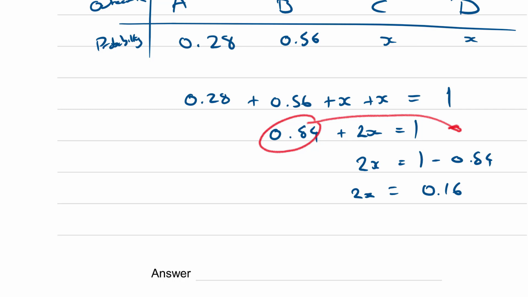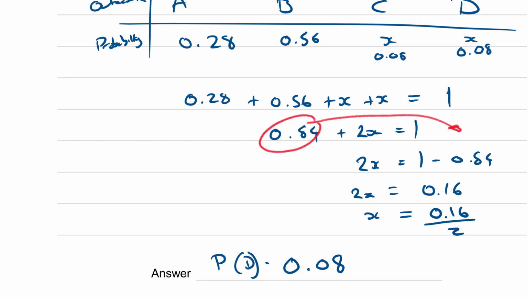So 2X is 0.16, and then X is 0.16 divided by 2, which is 0.08. That is going to be my value of D and C. And our answer wants us to find the probability of D, so that's 0.08.